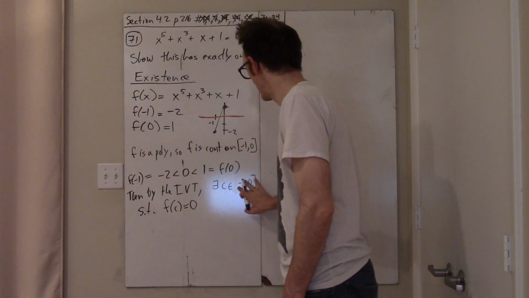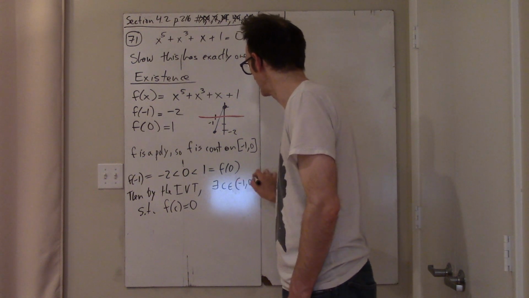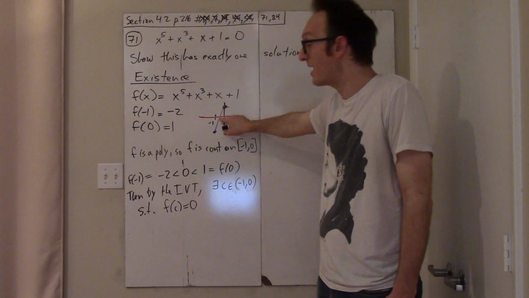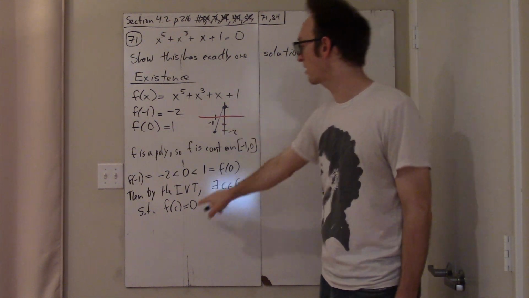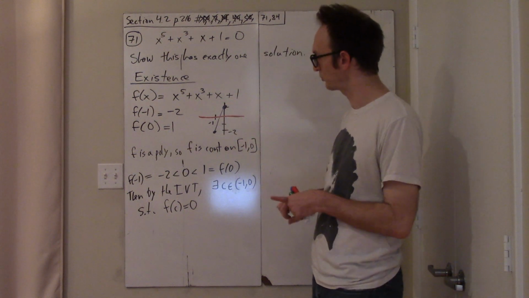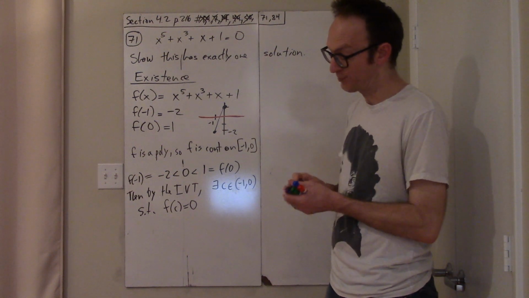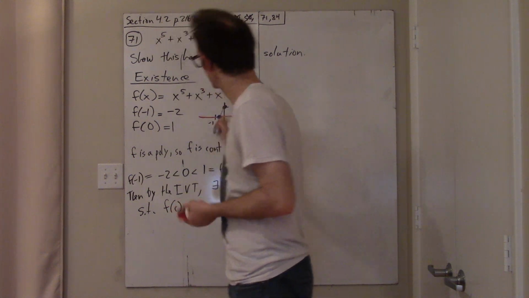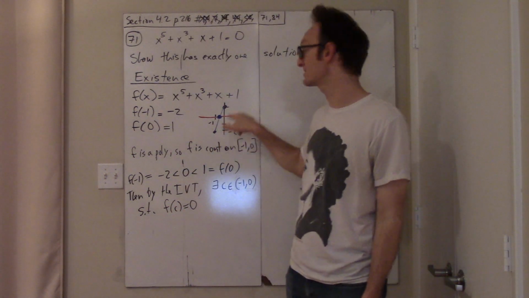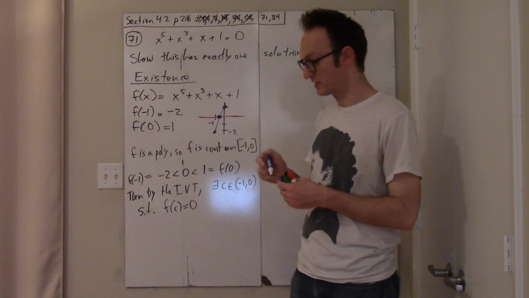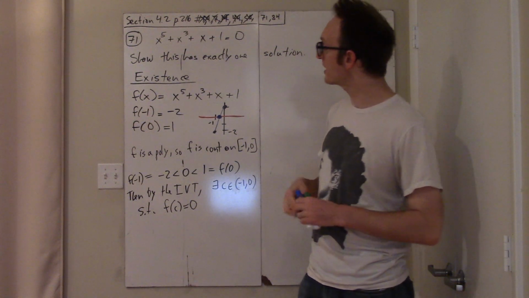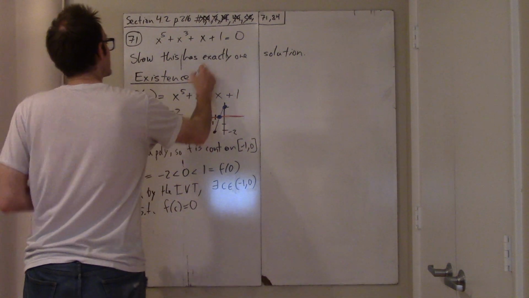In other words, give me some intermediate y value, in this case 0, and somewhere on this interval this function has to output 0. All that proves is that since the function was negative and then later positive, there must be a solution. So in other words, we have shown that a solution exists.